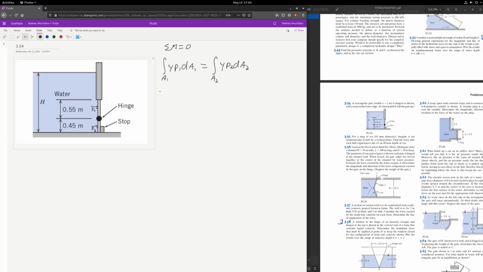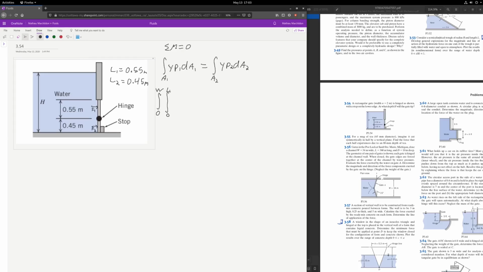So these integrals can be expanded in the form where, since this is an area, this can also be written as the integral from 0 to the width, and 0 to L1, where I will define L1 here as being 0.55 meters, and L2 being equal to 0.45 meters.